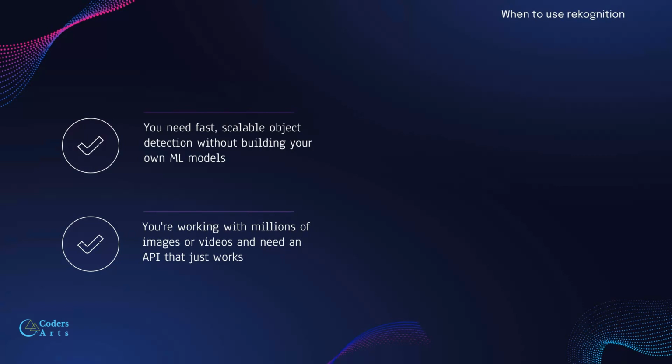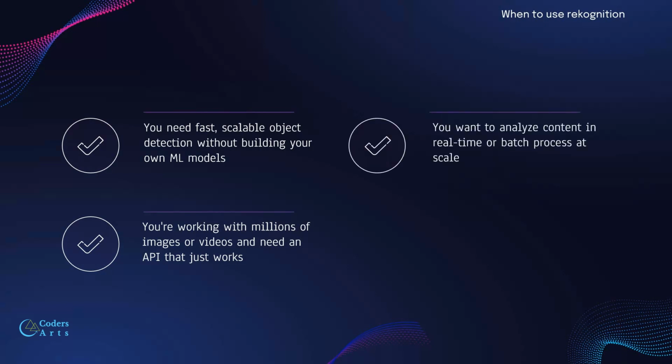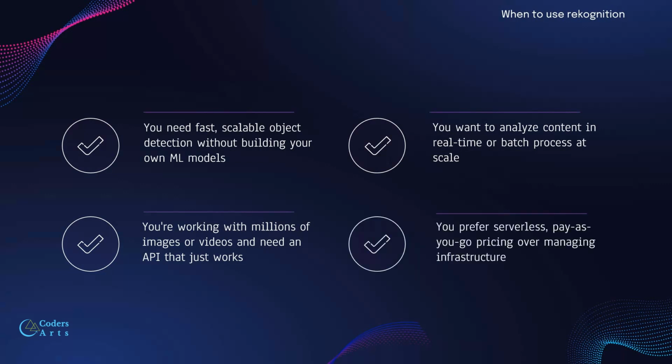You can also think of using Amazon Rekognition when you want to analyze content in real time or batch process at scale. Moreover, you can also choose to use Amazon Rekognition when you prefer serverless pay-as-you-go pricing over managing infrastructure. If these points relate with you, then Amazon Rekognition is the right tool for your object detection needs.